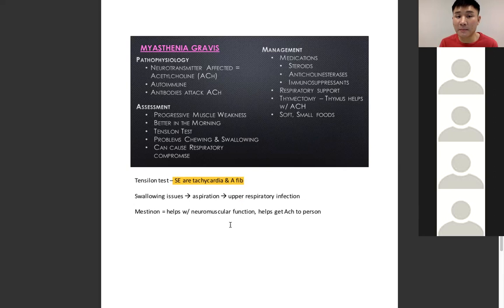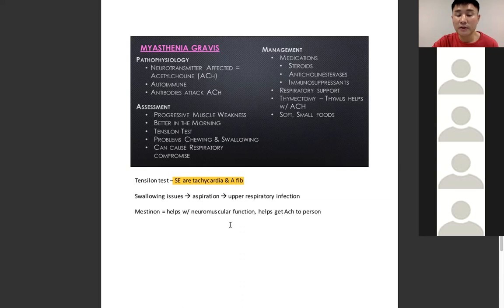So the patient who has myasthenia gravis has a compromise in the respiratory system, and this can cause issues with swallowing. Whenever they have an issue with swallowing, also known as dysphagia, they can have something called aspiration, where food or water goes into the trachea instead of the esophagus, which can lead to upper respiratory infection and also occlusion of the airway.